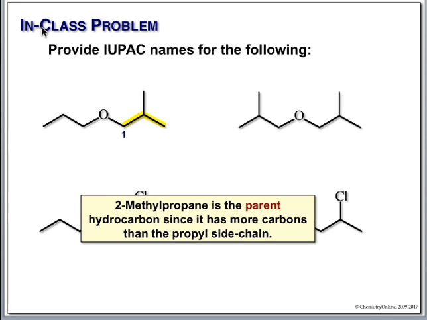Now attached to that, we have this thing. It's attached at carbon 1. And this thing would be a propoxy. So when we string this together, alphabetically, the methyl has to come first, then the propoxy, so it will be a 2-methyl, 1-propoxy propane.